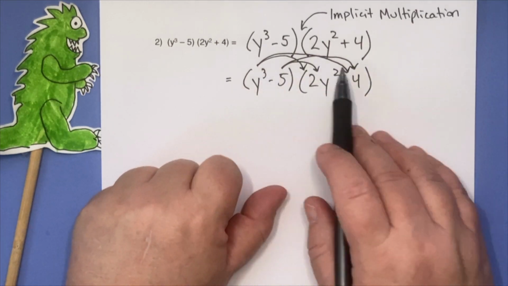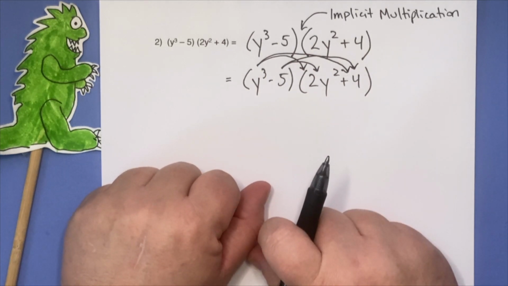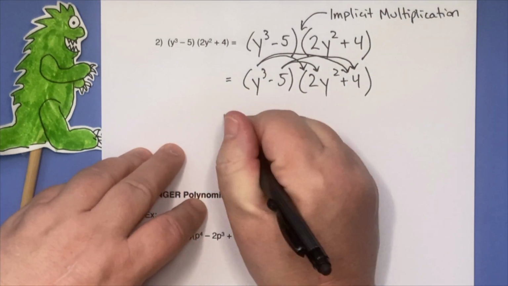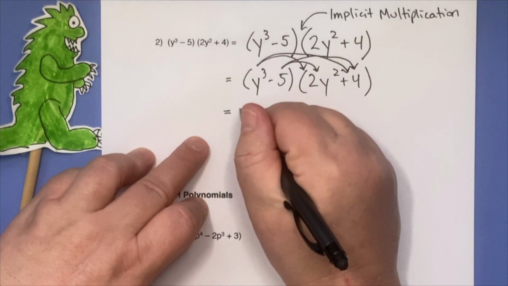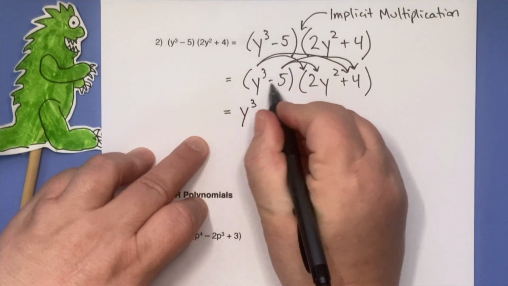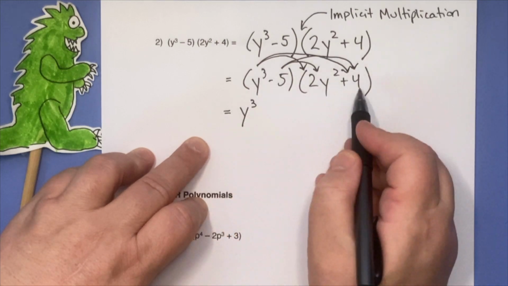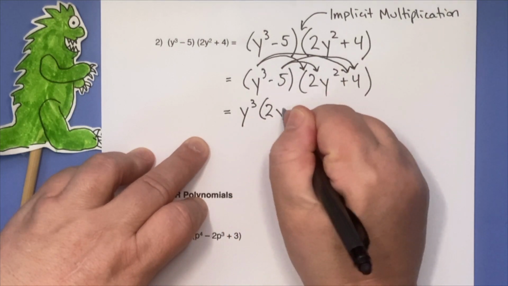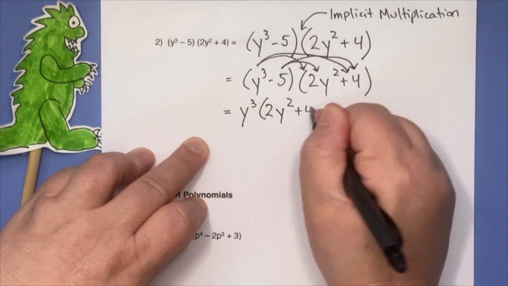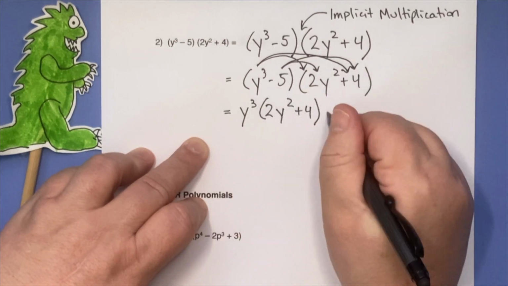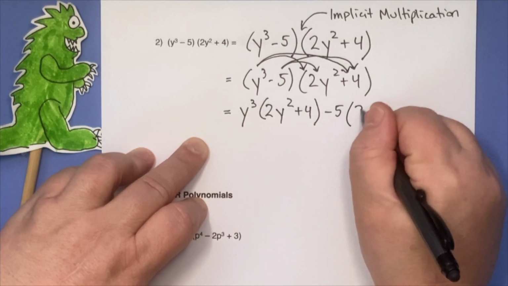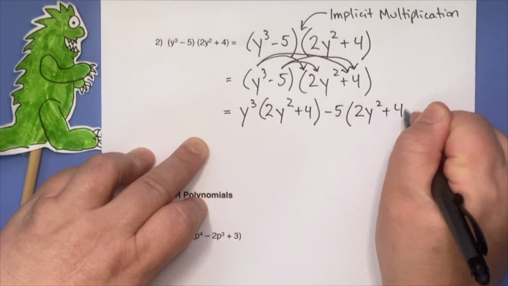And that's, like I said on the first page, more than my little brain can handle. So what I'm going to do instead is break up this first binomial and multiply y cubed times this whole second one, 2y squared plus 4. And then I'm going to break down the minus 5 times the 2y squared plus 4.